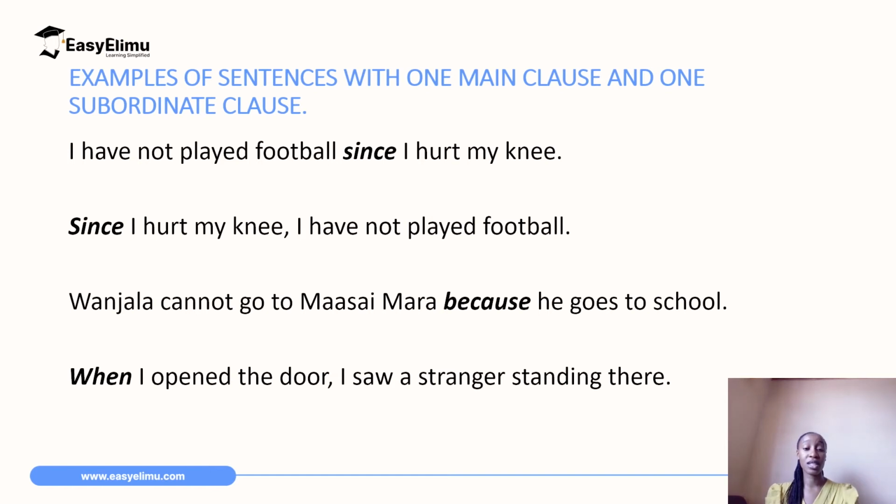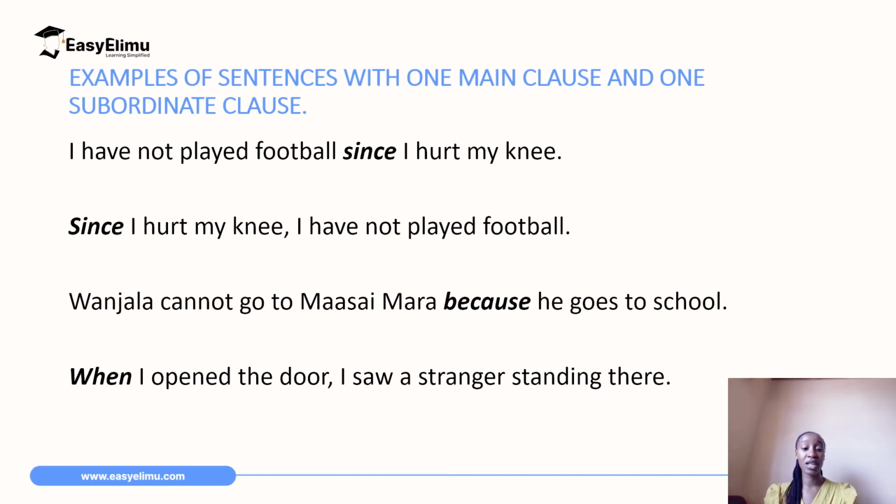The second sentence: Wanjala cannot go to Masai Mara because he goes to school. So the first thing is to identify the subordinating conjunction, because, and then we identify the main clause or the independent clause, Wanjala cannot go to Masai Mara, and the subordinate clause, he goes to school.